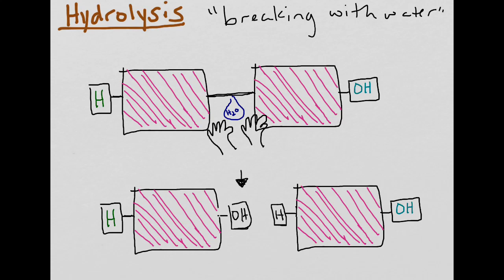And there's your water, H2O. Okay. And so there you are. The hydrolysis has been done. It was broken with water and split those two apart. So now you go from having two monomers that were hooked together to two separate monomers. We went from a polymer to two monomers.